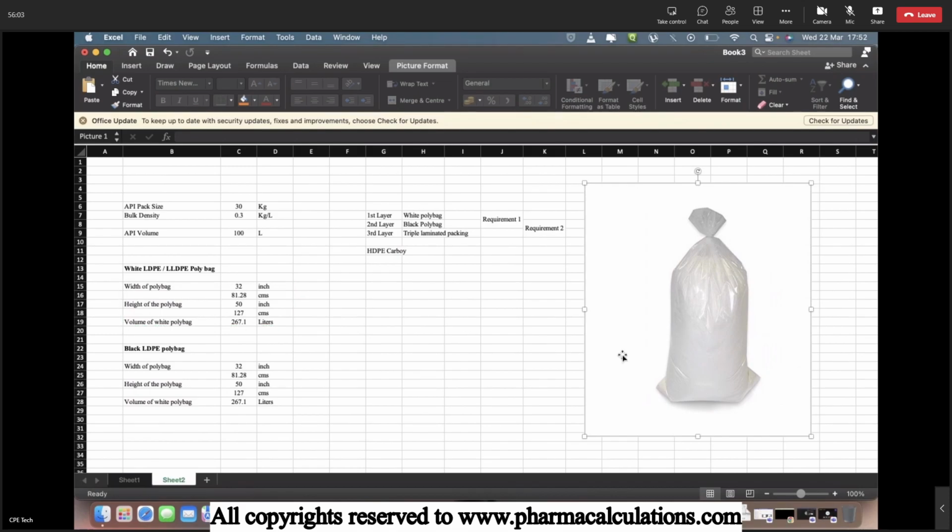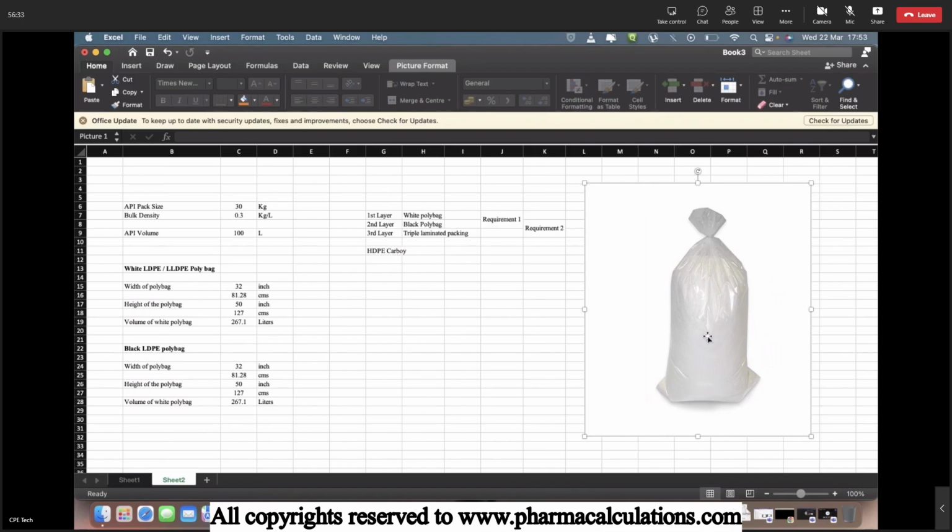Even though the white polybag volume is going to be almost 267 liters, the actual volume of this cover after packing is going to be determined based on the material that is present inside it. If you got a material up to this level, you are going to place the tag here, and if you are able to pack the material up to here itself, you will be placing a strip here.